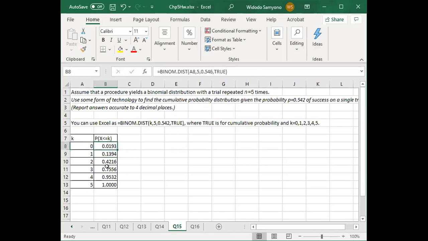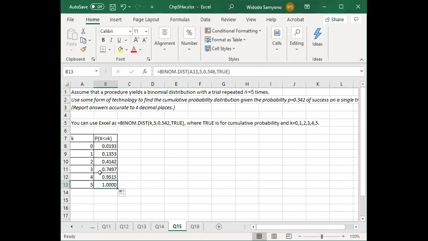And do the same thing. Put the cursor over it until you see the small cross there, and then hold it and drag it down, right? So automatically it will copy for the rest. Okay, so you can see it's 0.546, 0.546, 0.546, 0.546, and 0.546.